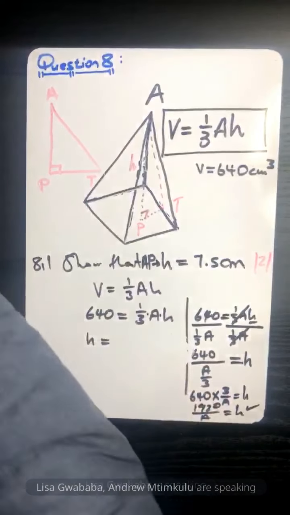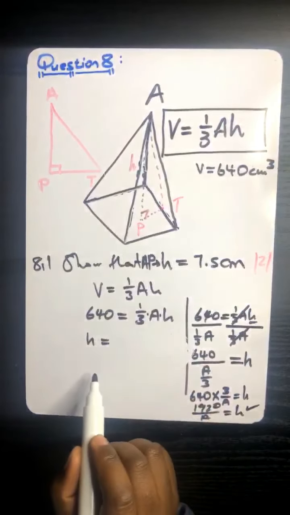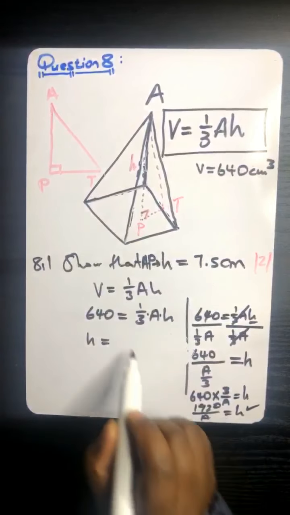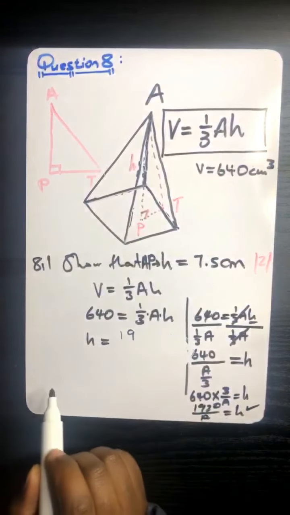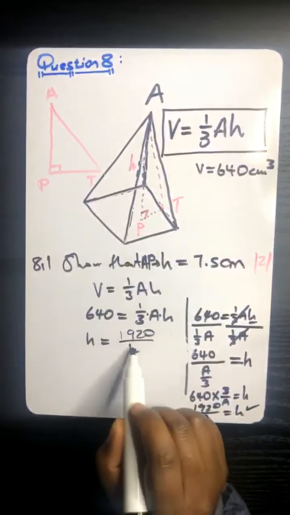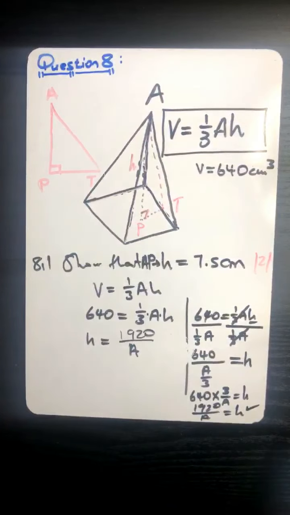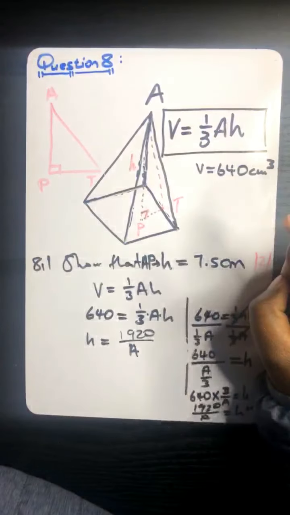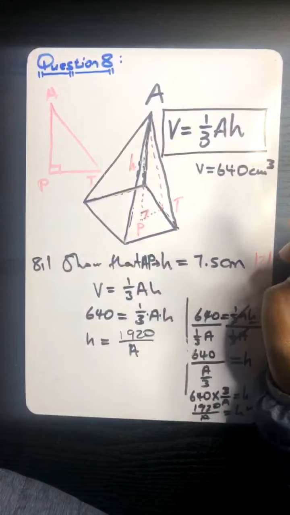Okay, Tumza, let's take it from there and say we actually have 1920 over h. No, over a. Then where do we go from there, Tumza? No idea, sir?